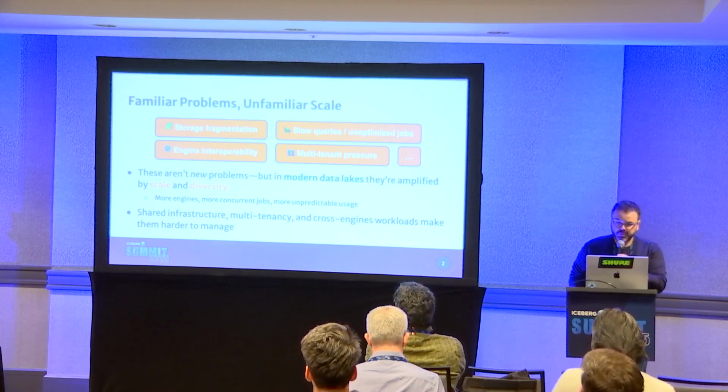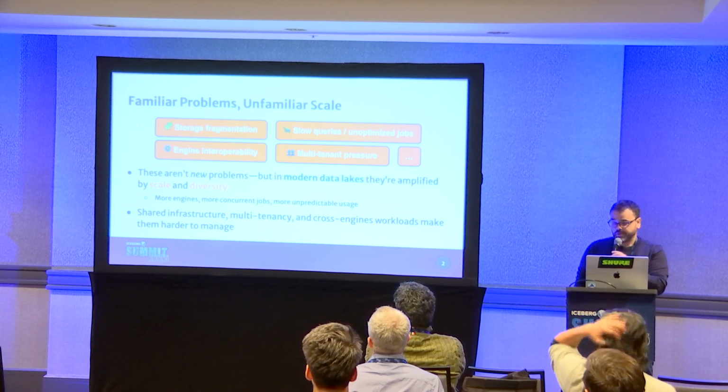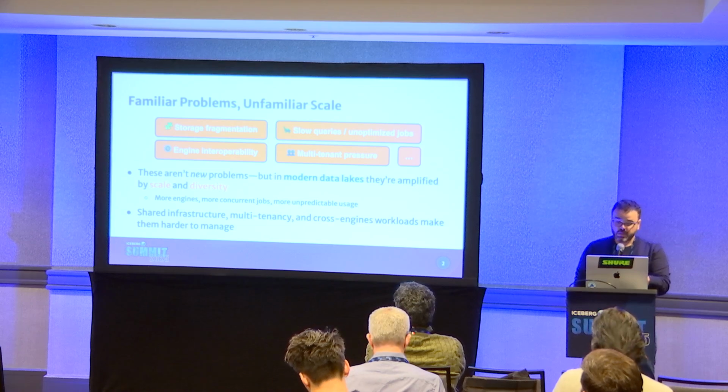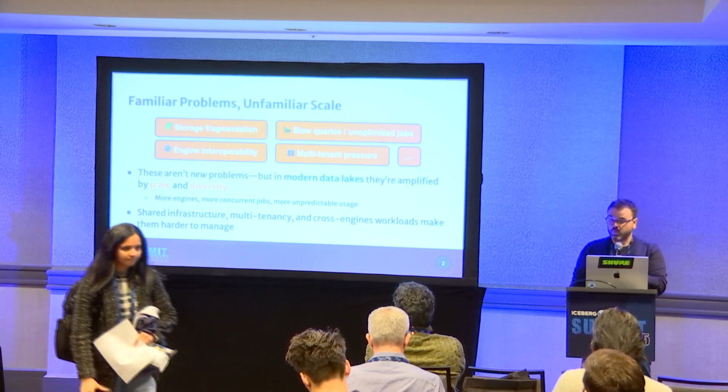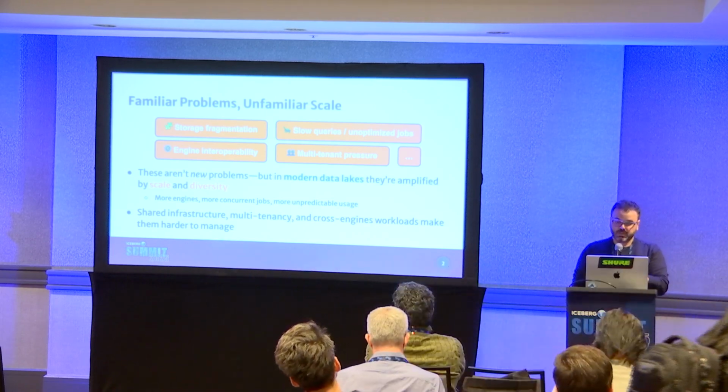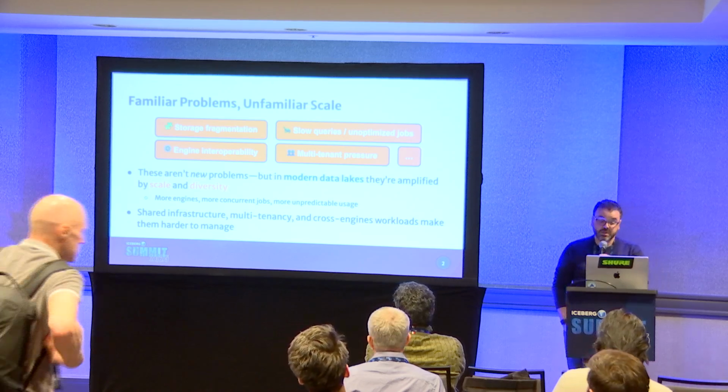If you've worked with Iceberg or other table formats for that matter, chances are you've run into some of these issues: storage fragmentation, slow queries due to skew or small files, jobs that hit unexpected bottlenecks, and many others.